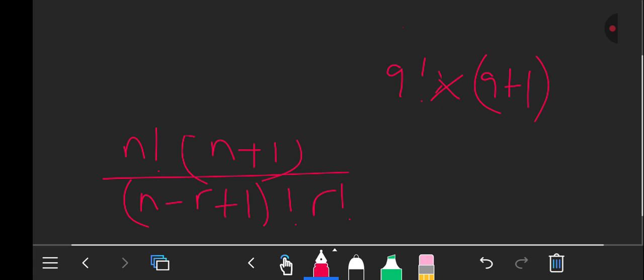So this is the same as saying 9 factorial multiplied by 10, and 9 factorial multiplied by 10 is just 10 factorial.